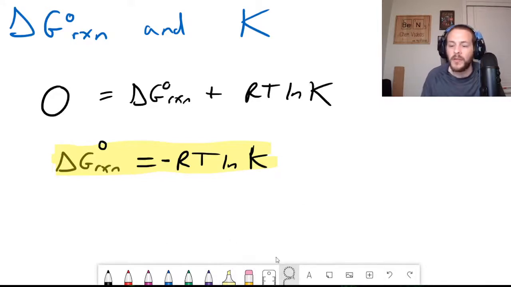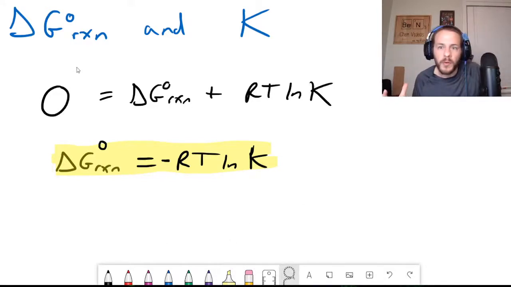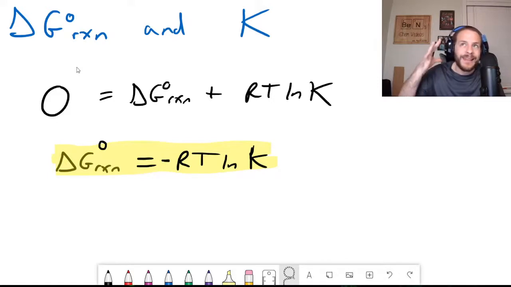And so if you remember back when we were talking about equilibrium, it kind of makes sense that standard Gibbs free energy and equilibrium constant are related, because the equilibrium constant is itself kind of like an expression of spontaneity, right? It tells you how far a reaction proceeds, either in the product or the reactant direction under conditions of equilibrium.